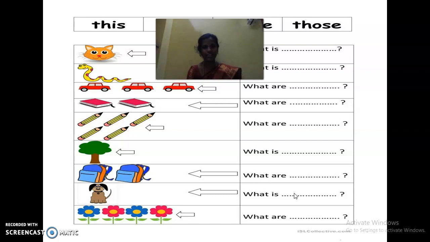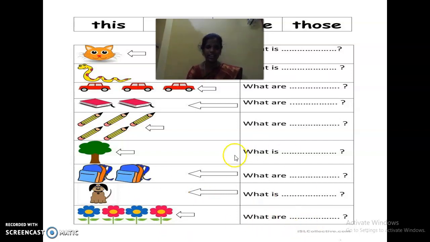So we have to write the word that. The next one, you can find flowers. So how many flowers? 4. Is it a singular noun or plural noun? Yes, absolutely correct. That is the plural noun and it is near to the person. So we have to write the word these.